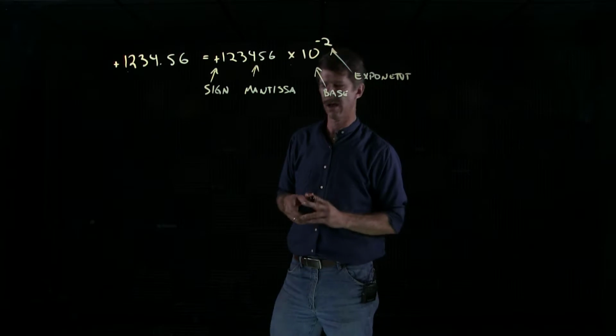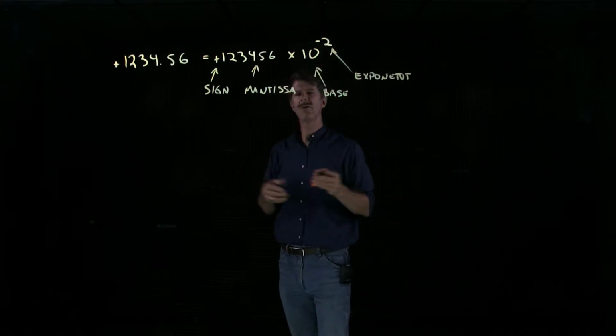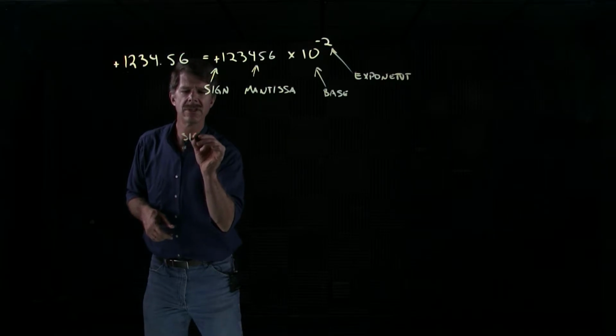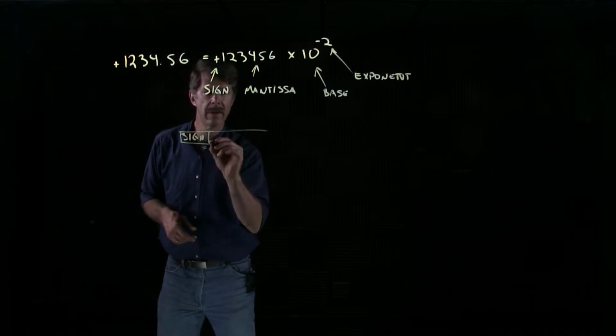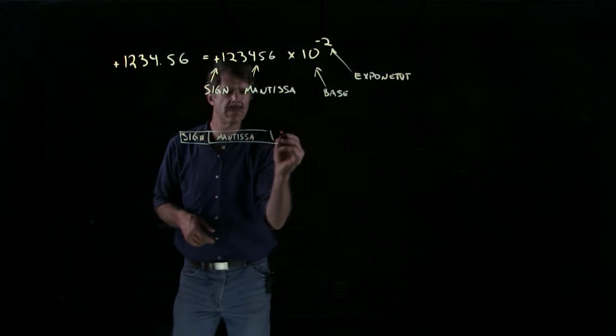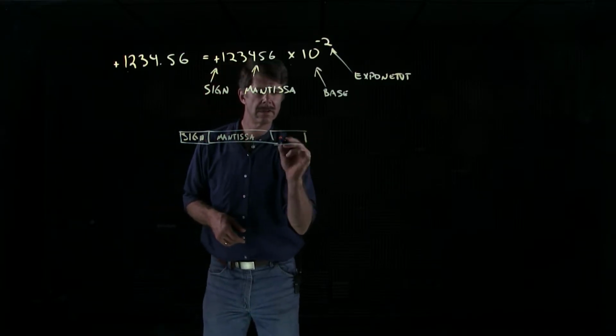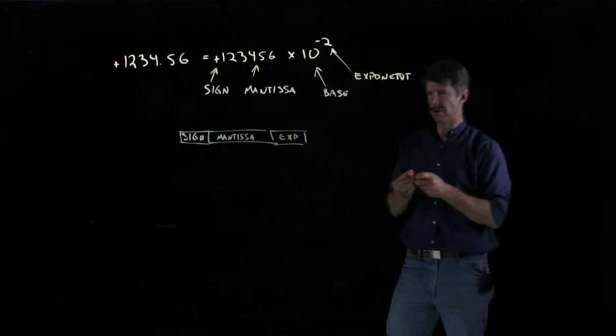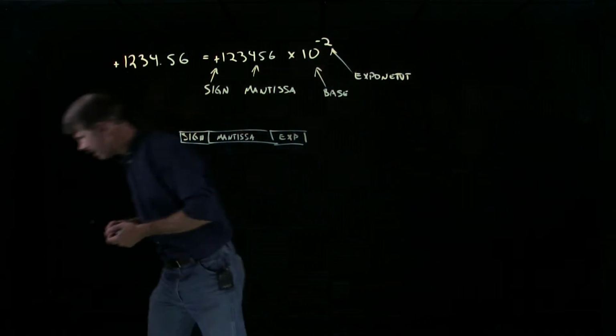And so how you store a floating point number is you simply take a chunk of computer memory and you use different parts of it to store these different integer numbers. And there are different standards for this. You can use a different number of total digits.